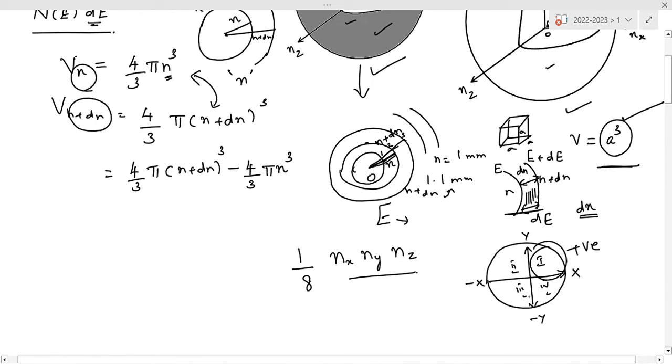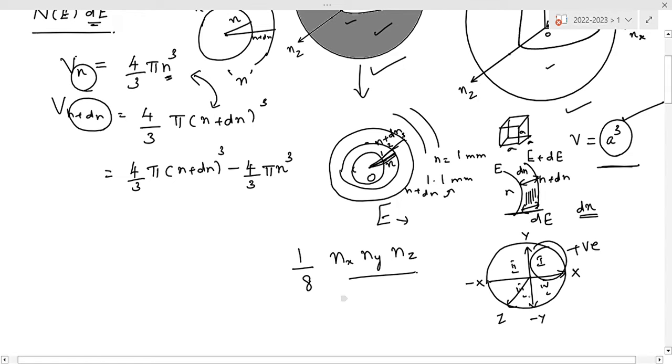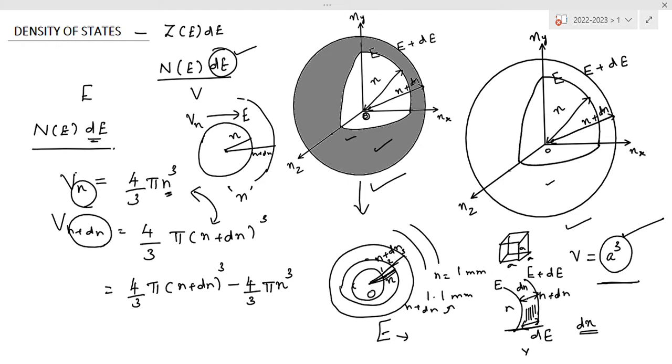I have the third dimension here as the z-axis, and on the other side there will be minus z. Positive integer values are considered for nx, ny, nz. Therefore, in these 8 pieces, only one octant will have the positive integer values. This diagram is drawn with this piece.